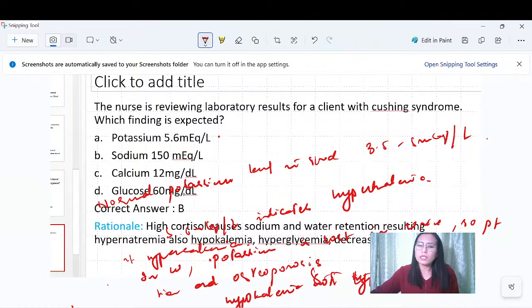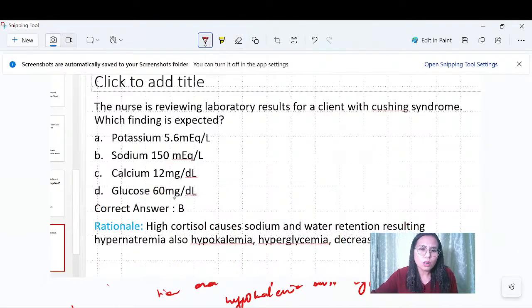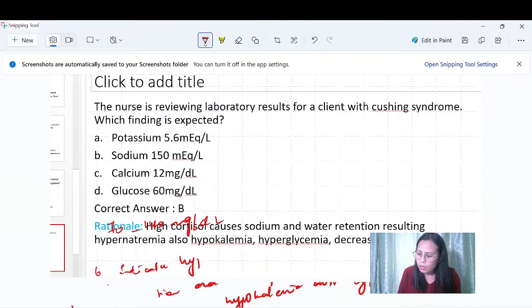And the last option is glucose 60 mg per dL. The normal glucose level in the blood is 70 to 140 mg per dL. So if the glucose level is 60 or less, it indicates hypoglycemia.